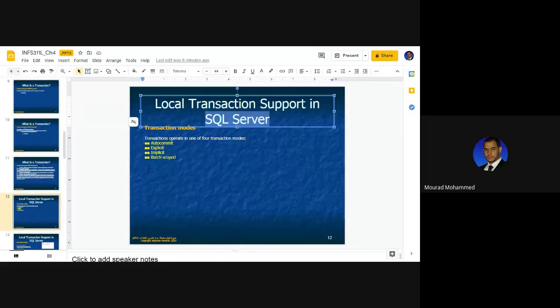Either we are going to admit and commit that, save the result, or not. And even this commitment, once we are required to commit, might be conditional. We are talking about batch scoped transactions.